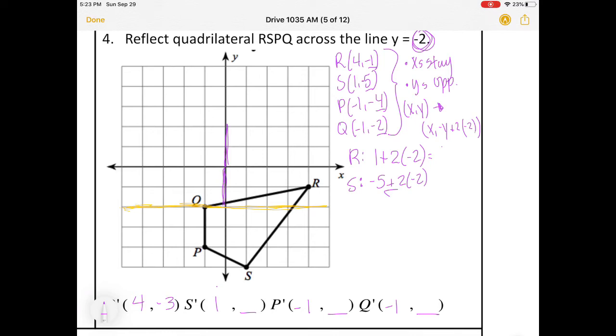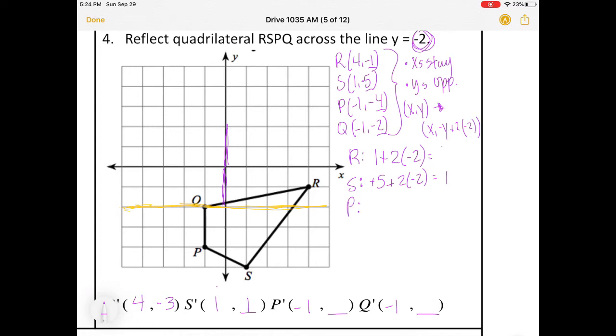Oh, there we go. Forgot that negative up there. Sorry. So positive 5 plus 2 times negative 2, which is negative 4. So 5 plus negative 4 gives you 1. All right, write that down here.